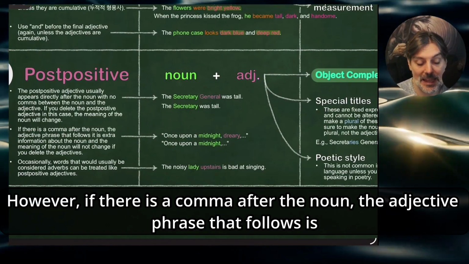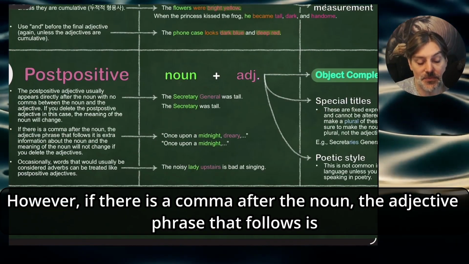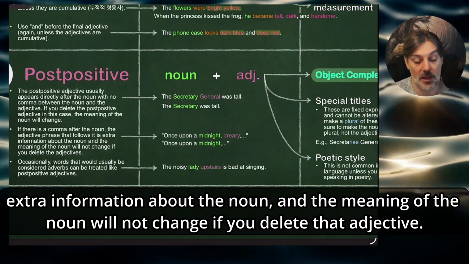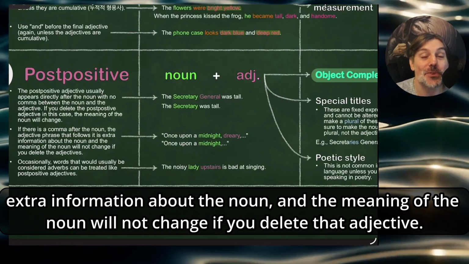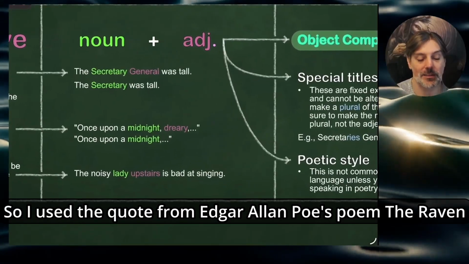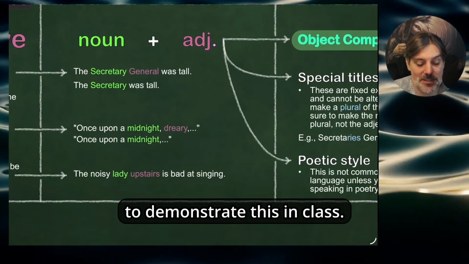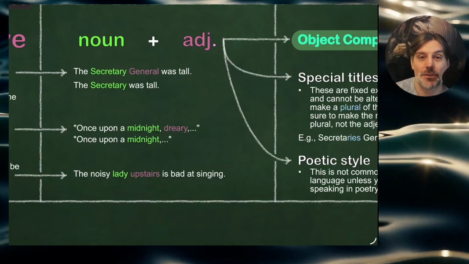However, if there is a comma after the noun, the adjective phrase that follows is extra information about the noun, and the meaning of the noun will not change if you delete that adjective. So I used the quote from Edgar Allan Poe's poem, The Raven, to demonstrate this in class. And it begins, once upon a midnight dreary.